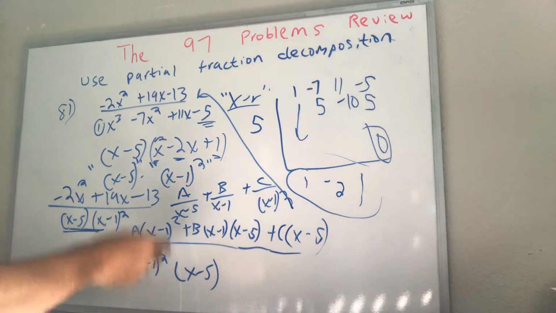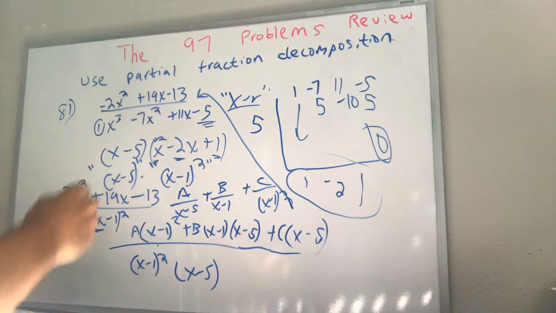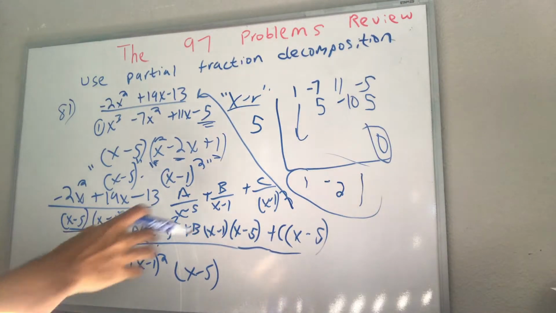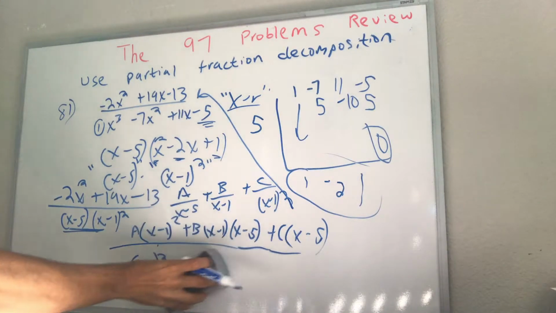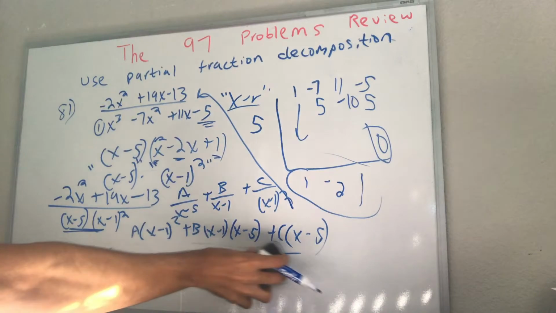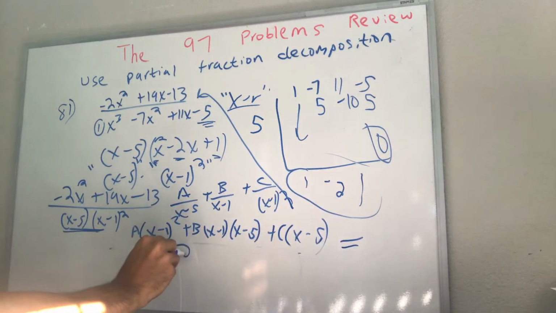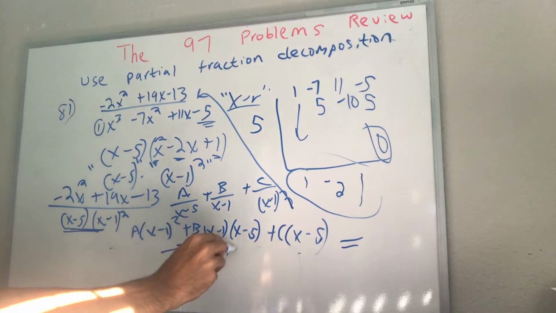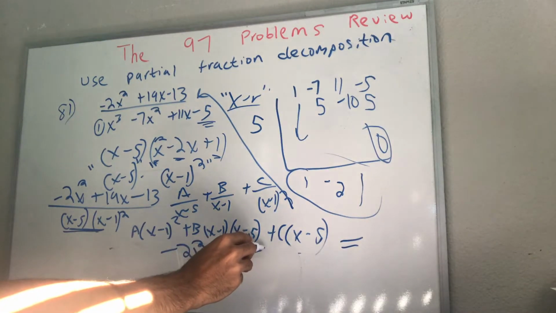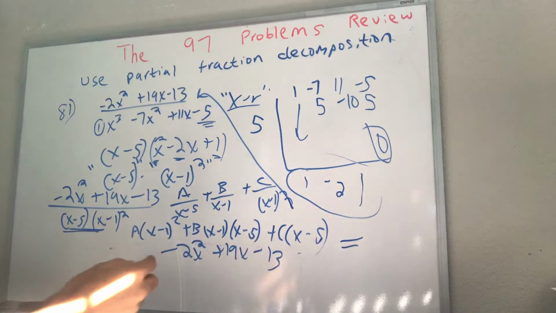So this denominator over here and this denominator over here are obviously equal. Therefore we can say that this numerator must be equal to negative 2x squared plus 19x minus 13, because that's the numerator.